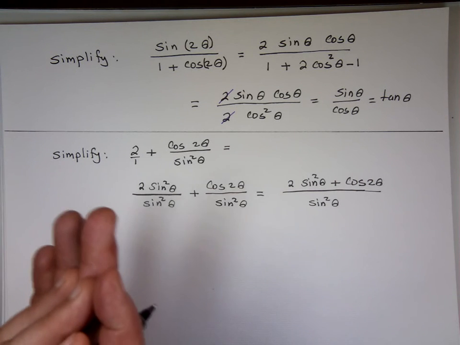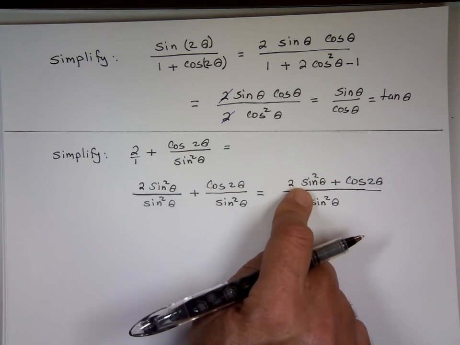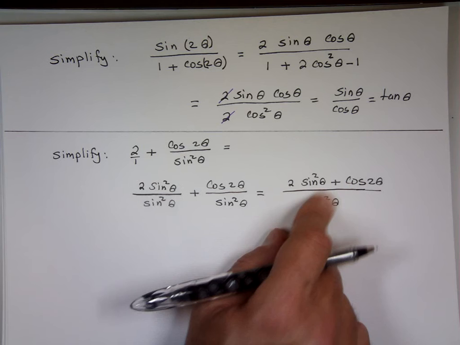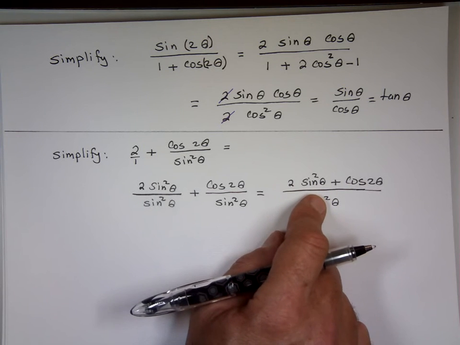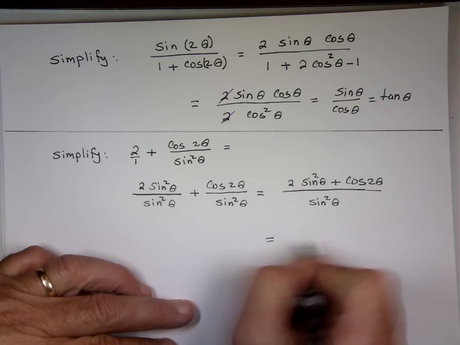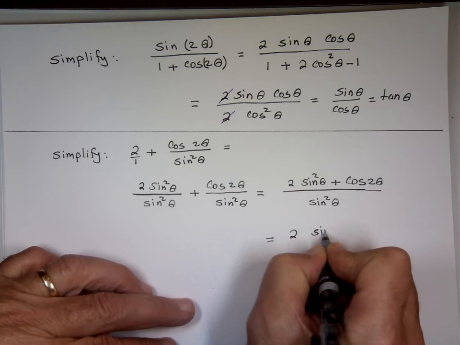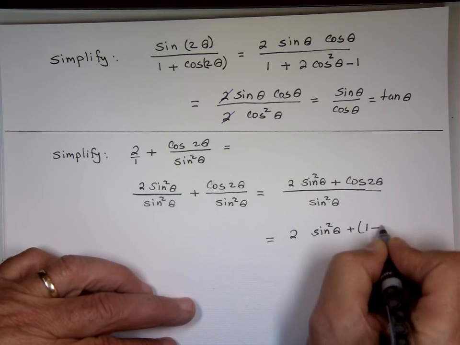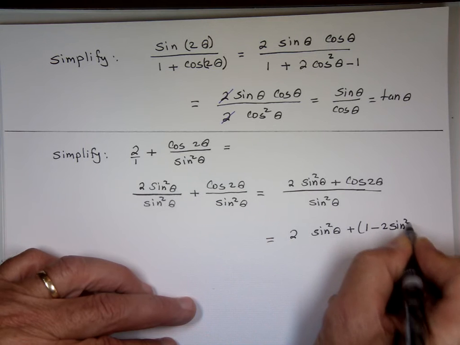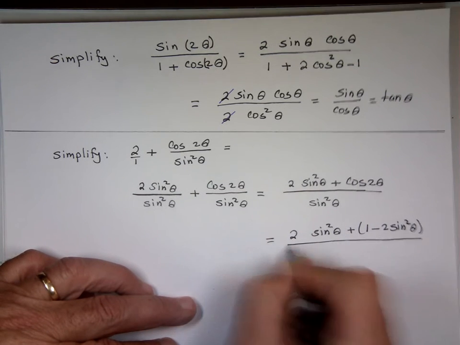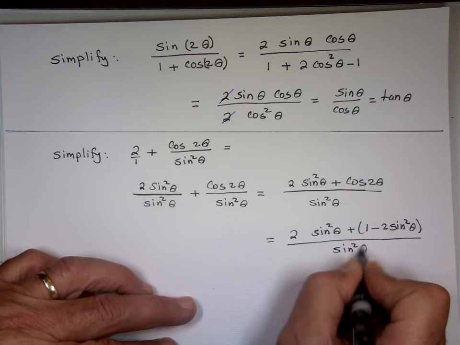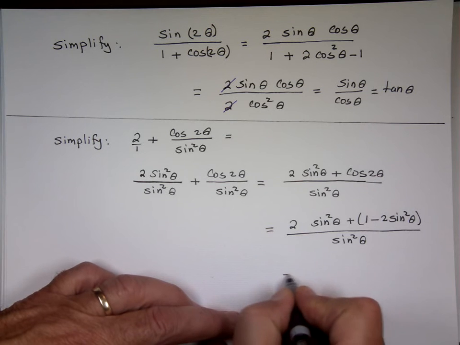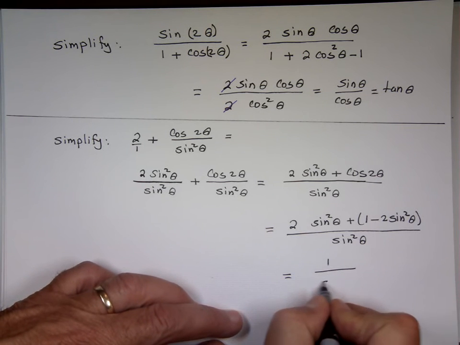Well, cosine 2 theta is 1 minus 2 sine squared theta. So replace cosine 2 theta with 1 minus 2 sine squared theta. And the 2 sine squared cancels the 2 sine squared, so you have what? 1 over sine squared theta.